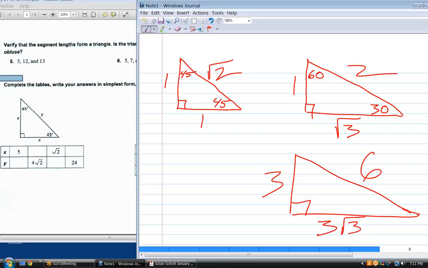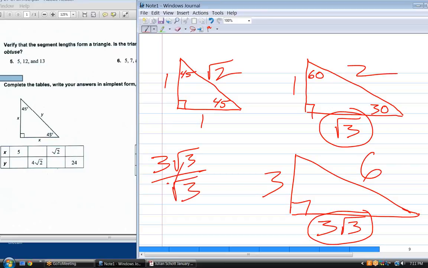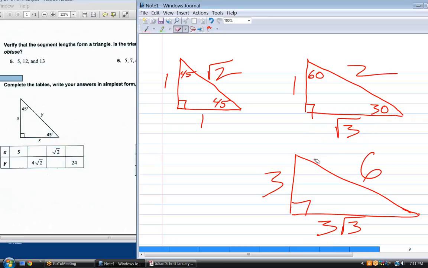This number is 3 times bigger than that number. How do I know? Well, if I divided 3 square root 3 by square root 3, square root 3's cancel and I got 3. Okay, so that's the answer. In other words, once I came up with a similarity ratio that was 3, then I multiply that similarity ratio by the other sides to get these sides.